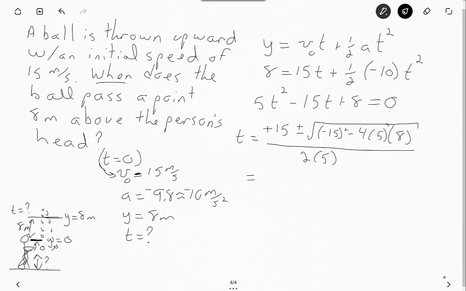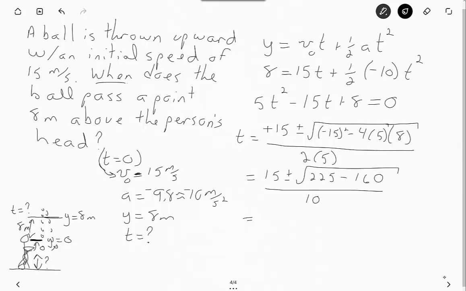So again, this 15 here is positive at the beginning because it's a minus 15t in the equation. So we have 15 plus or minus the square root of 15 squared, which is 225, minus 5 times 4 is 20, 20 times 8 is 160, all over 10.